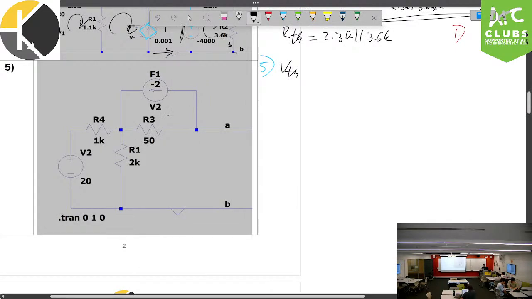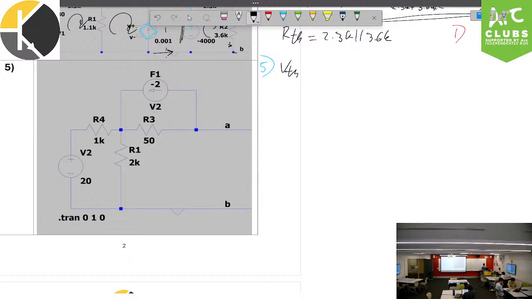So, I like to use mesh here, just because I see two loops. Alternatively, you could use nodal. It is the exact same in terms of measurements and such, because nodal, this is one supernode, because we already know the voltage right here.